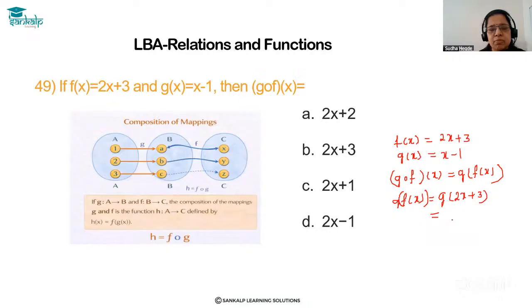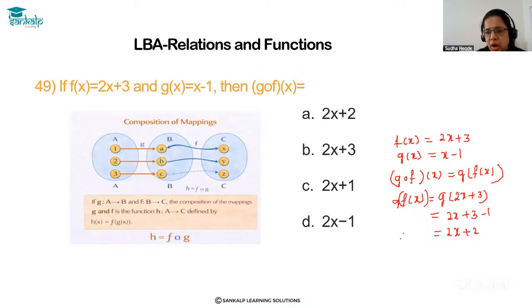in place of x, in the function g of x, you have to take 2x plus 3. So, 2x plus 3, that minus 1 will be as it is, minus 1. This is equal to 2x plus 2.